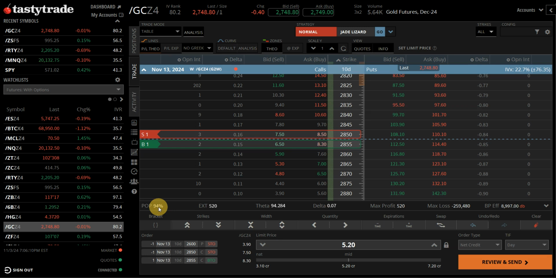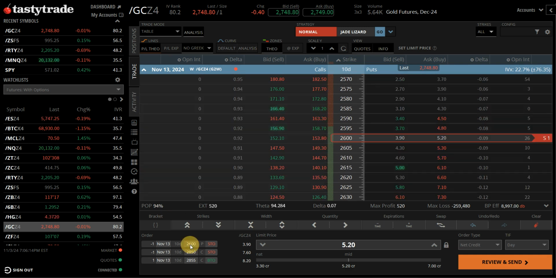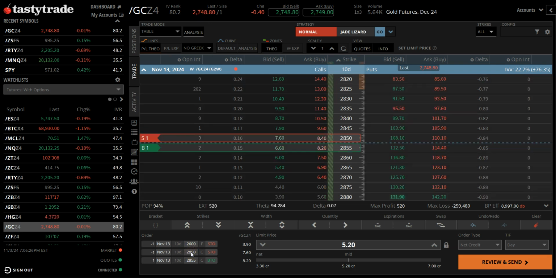94% chance that this option will expire worthless between the lines. What are the lines? 2,600 on one side. You can click. By the way, if you click, it opens this. 2,600 on the downside. We are now at 2,750 and 2,850 on the upside.